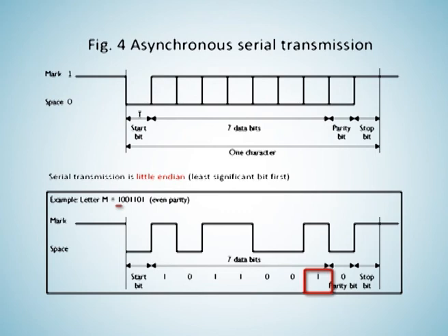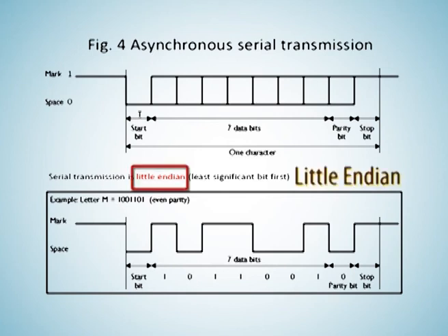After that the parity bit which is 0 is sent. The transmission is completed by sending the stop bit which is 1. This method of sending the LS bit first is called the little endian method. This brings us to the closure of serial interface part 1.